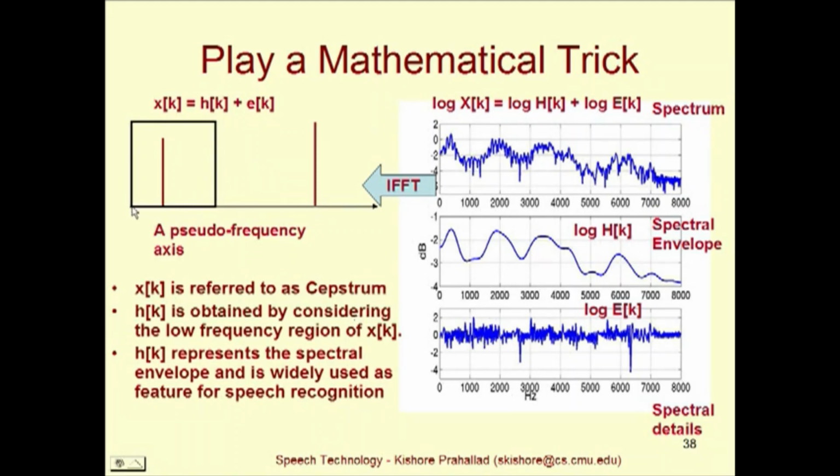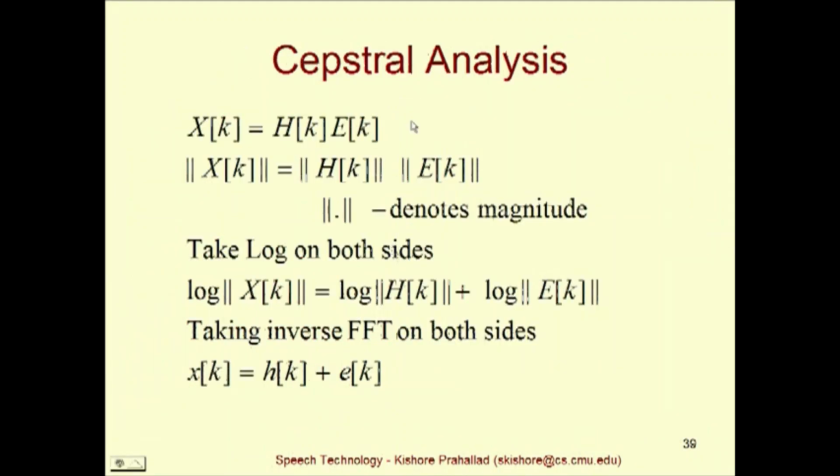So you can obtain the spectral envelope by taking the low frequency region here. Again, I'm emphasizing that x of k is the cepstrum, and the low frequency region of the cepstrum is the feature which we want because it represents the spectral envelope.